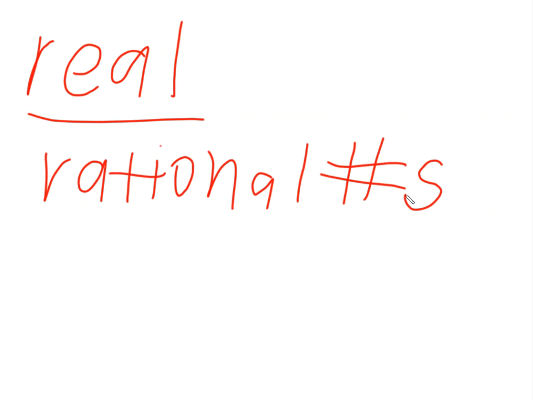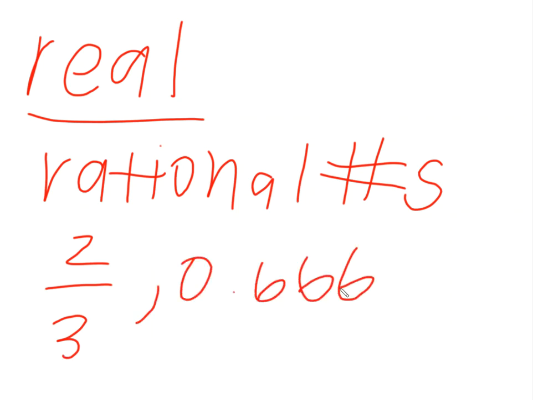It can also be repeating or terminating decimals. Some examples of this would be 2/3. That's a number that makes sense. Another number, 0.666 repeating, is also a rational number. Another example, 1/4.